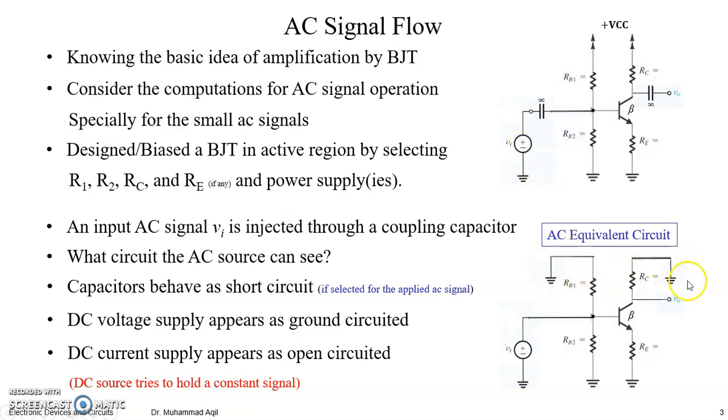So this signal can see only a reference ground, a zero signal, as far as the variations are concerned. The same will be the case for a DC current source if we had one, right?